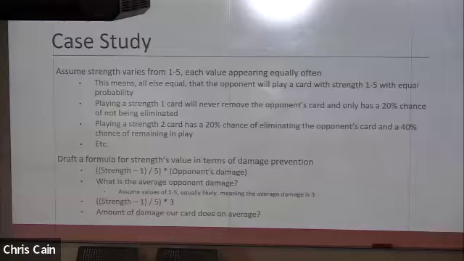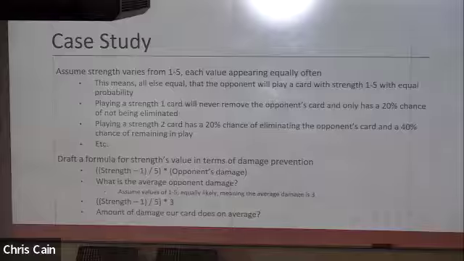Going to be very similar, but slightly different. What is the difference? 3 times strength over 5. Yeah, instead of strength -1, it's strength.